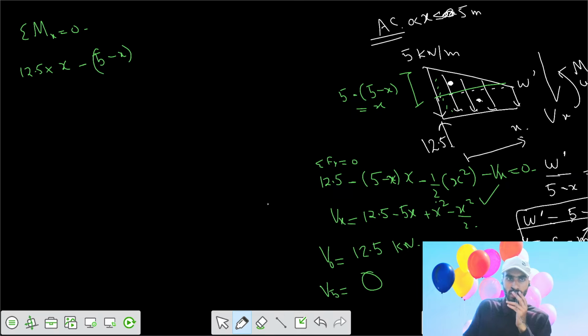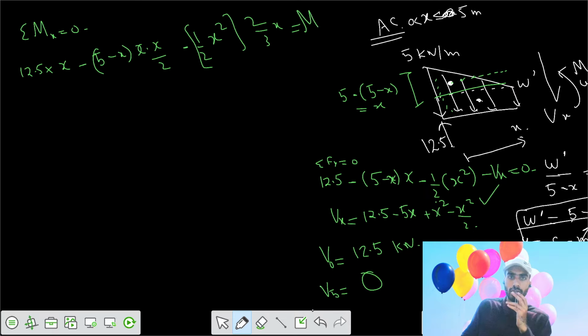This acts for a length of x and acts at a distance of x by 2 from your section x. Then your triangular variation, that half of base is your x, and your peak is also x. This load acts at a distance of 2 by third of x, and your moment is also in anti-clockwise direction.